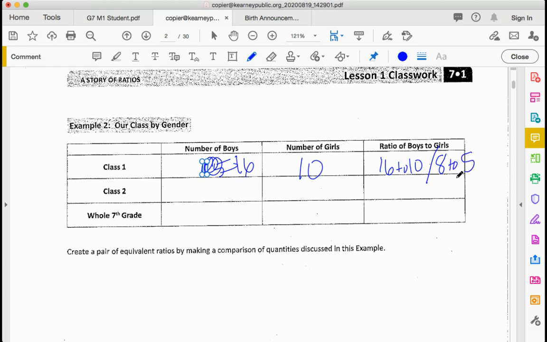What is 8 divided by 5? 1 remainder 3. 3/5 is the same as 6/10, so it'd be 1.6. So what this is saying, for every 1 female, there's 1.6 males. If I switched it around, does that make sense? So that means there are more males in here than females.